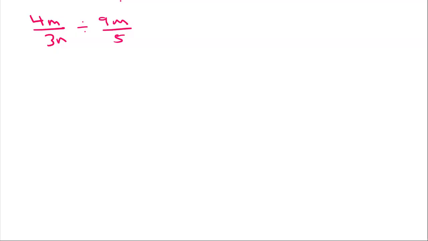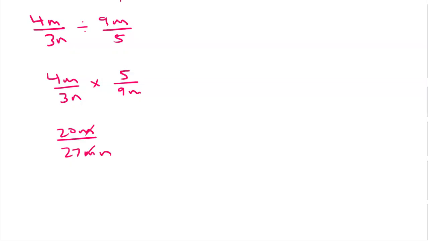All right, so remember how to do this is we keep the first term, so that'll be 4m divided by 3n. And then we change the division to multiplication, and then we flip this, so that's 5 over 9m. And then we just multiply. So 4m times 5 is going to give us 20m, and 3 times 9 is going to give us 27n.